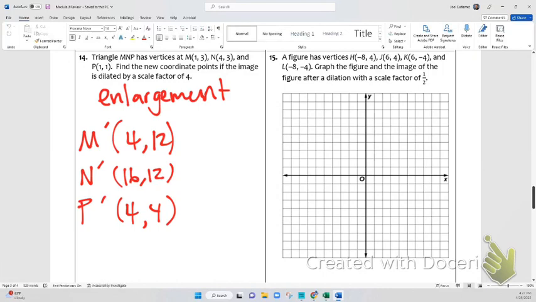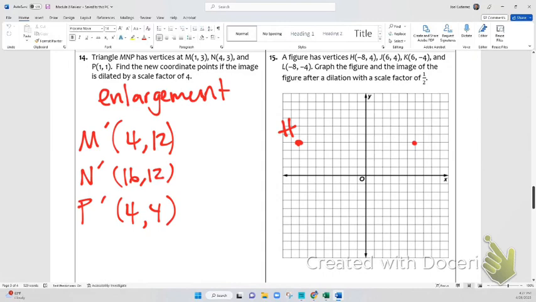So the first one is simply at -8, 4, so I start from the dead center and I go 1, 2, 3, 4, 5, 6, 7, 8, up 1, 2, 3, 4. So my first point is there. We call this one my H. My J is at 6, 4, so 1, 2, 3, 4, 5, 6, up 4 is here.